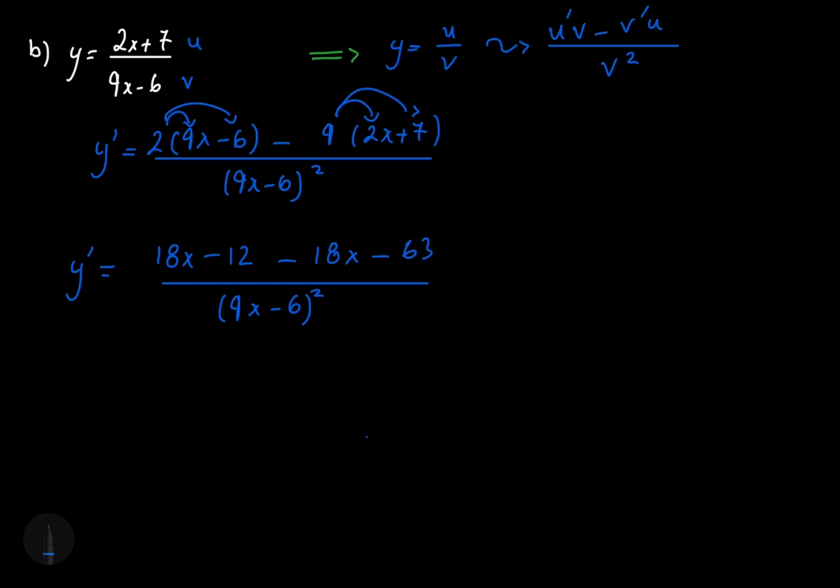So the 18x's cancel out, and y prime is simply negative 63 minus 12, that's negative 75, divided by 9x minus 6 raised to the power of 2.